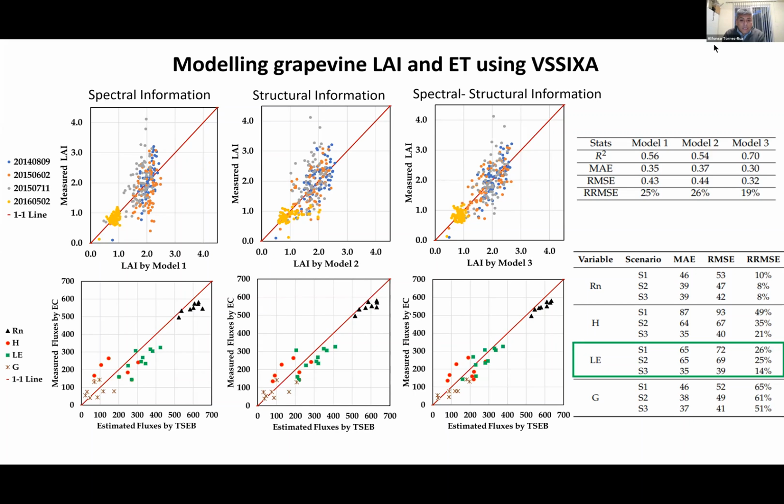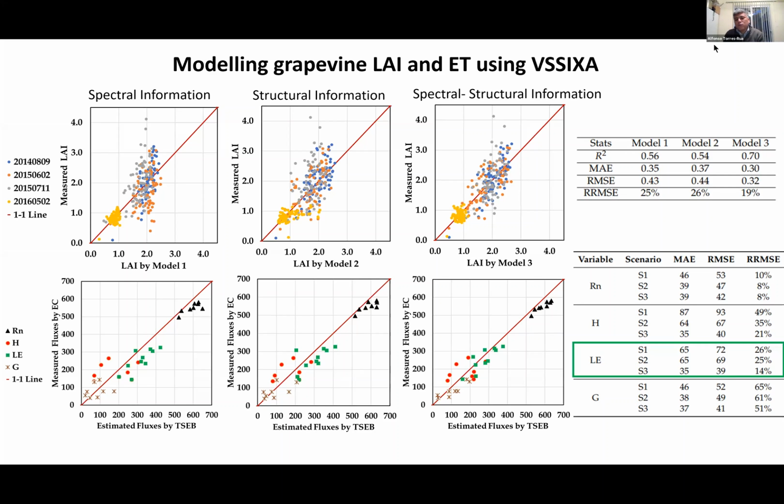And we see that improvements in LAI also influence the estimation of the energy balance components and evapotranspiration. With every improvement in LAI, the relationship between every component is better, the performance is better. So this gives us an idea.